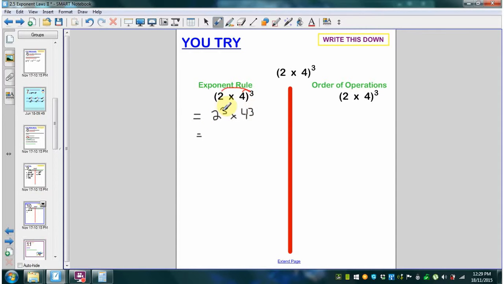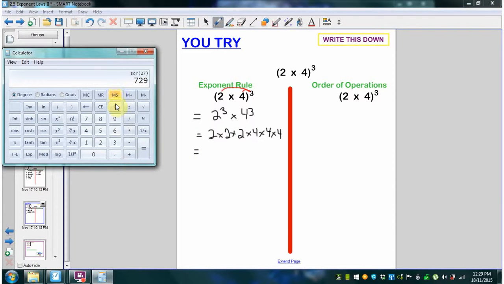Okay, so 2 to the 3, that's 2 times 2 times 2. Okay, and 4 to the power of 3 is 4 times 4 times 4. 4 times itself 3 times. Some of you guys might know that in your head.